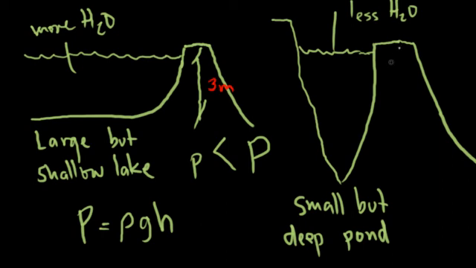And over here, let's say the depth of the water is about 6 meters. Between the two, they have the same density, the same value for g, but different depth. So pressure is greater, obviously, in the small but deep pond as compared to the pressure exerted on the dam by the large but shallow lake.